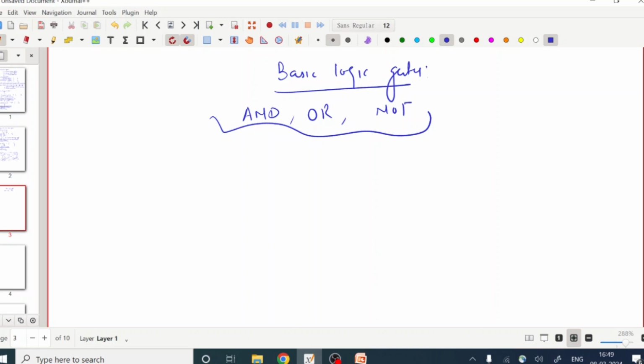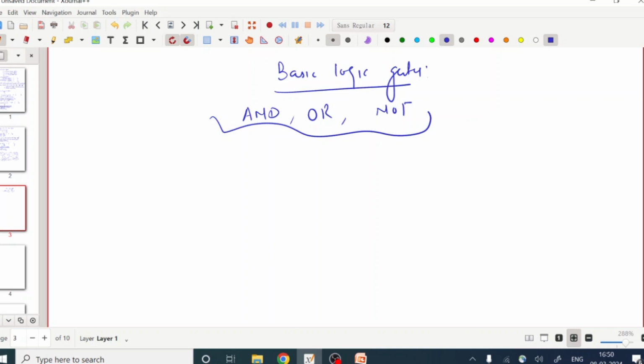When we say basic logic gates, AND, OR and NOT are known as basic logic gates because we design any circuit by using a combination of AND, OR and NOT gates. Whether a gate is an AND gate, OR gate or NOT gate depends only on its inputs and their outputs.